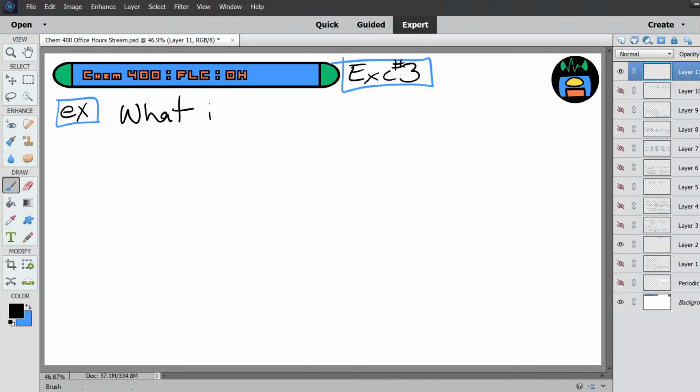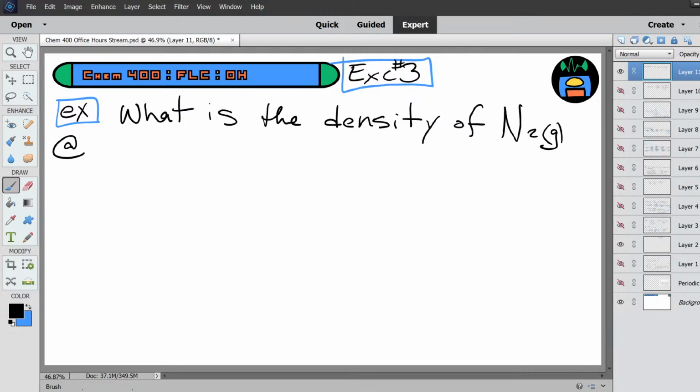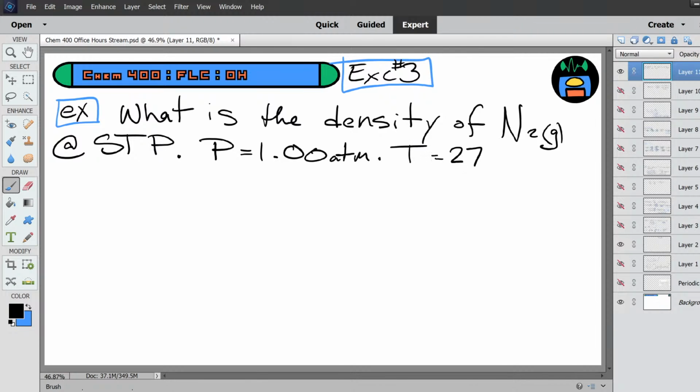What is the density of nitrogen gas at STP? Now we know that STP is standard temperature and pressure, where standard pressure is 1.00 atmospheres, and standard temperature is 273.15 Kelvin.